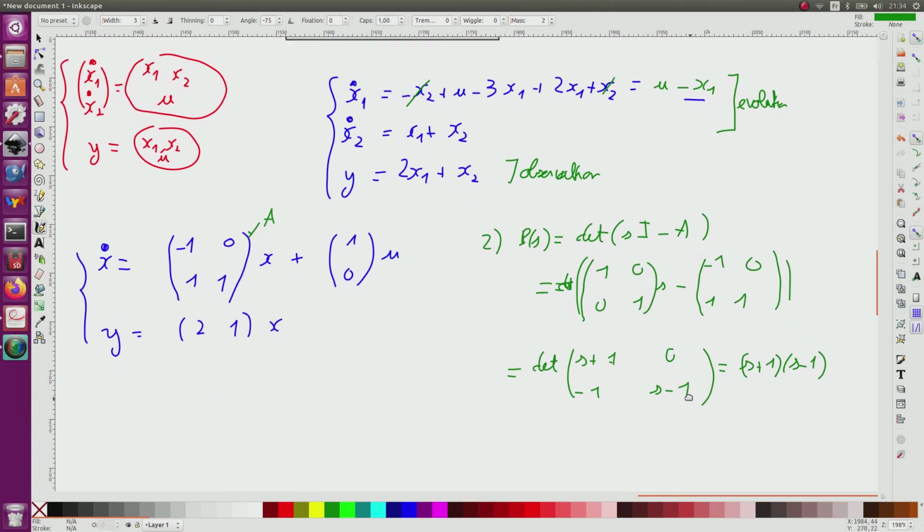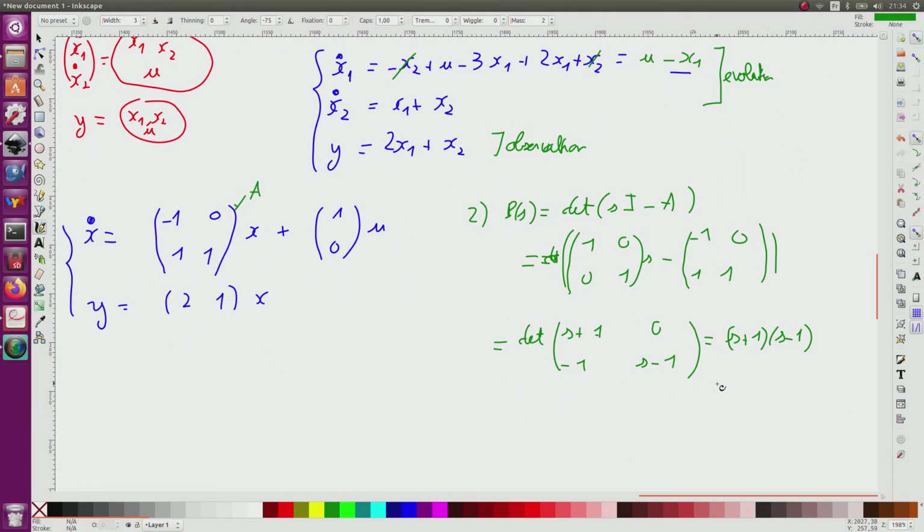This is the characteristic polynomial. We observe here that the eigenvalues, so the spectrum of A, is the set defined by the roots of this polynomial. So it will be minus 1 and 1. So it means that in the response of the system, I will have some exponential minus t and exponential plus t.